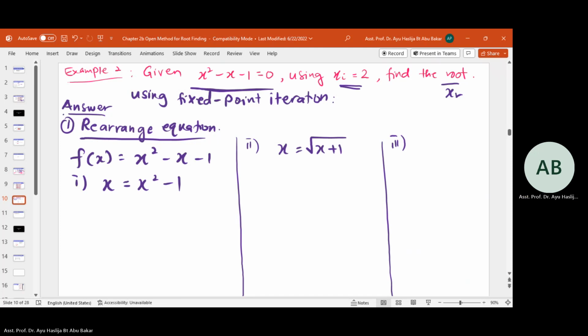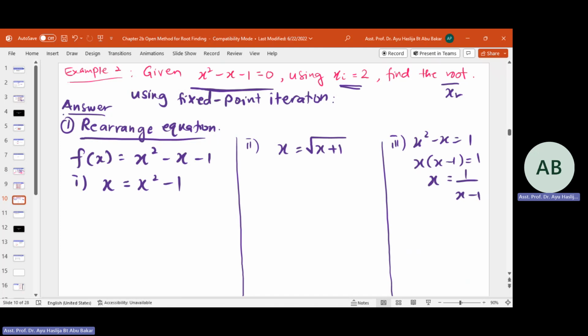Using the quadratic formula. How? Is it like this? Okay, this is another option. So x equals 1 over x minus 1. This is another option, right? So now you have 3 equations.